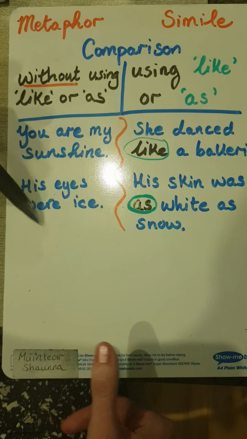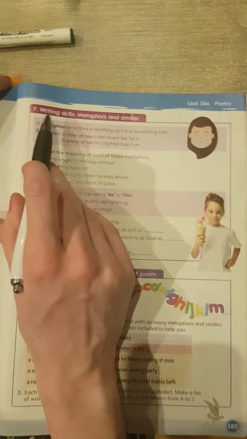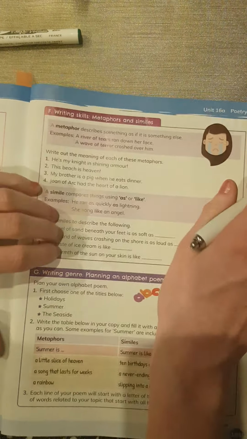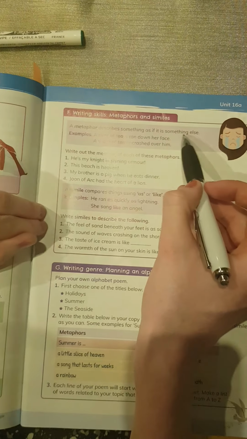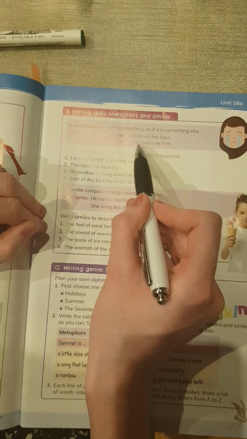Now, if we look at the task that you have to do on page 185 of your book, this is exercise F, writing skills, metaphors and similes. A metaphor describes something as if it were something else. A river of tears ran down her face. A wave of terror crashed over him.